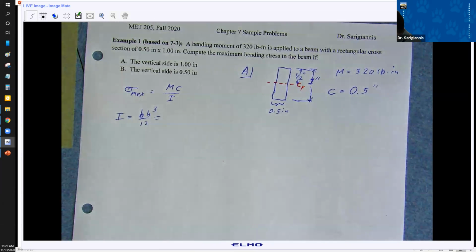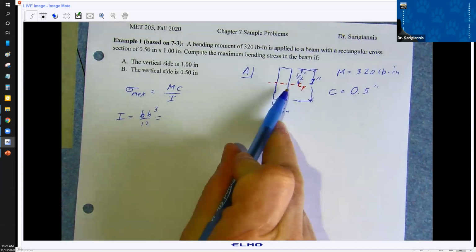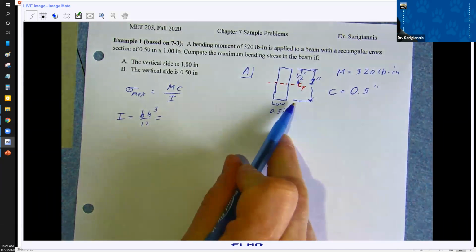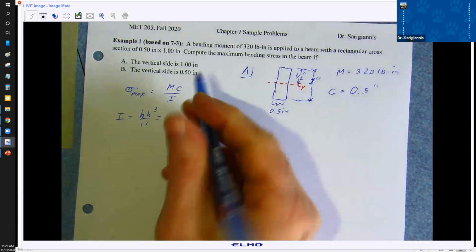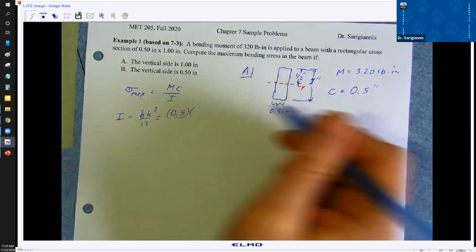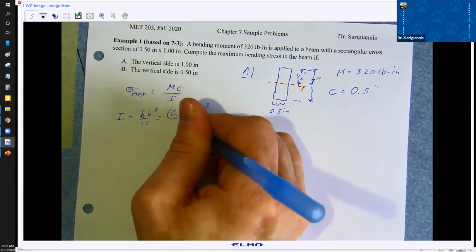Now, notice the orientation, right? The I for this uses a height of 1 inch about the centroid, right? And a width of 0.5 inches. So this becomes 0.5 times 1 cubed over 12.